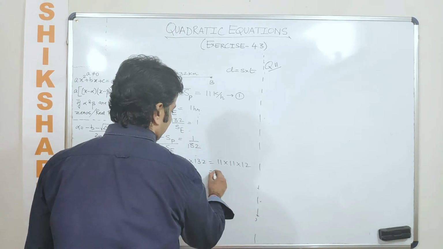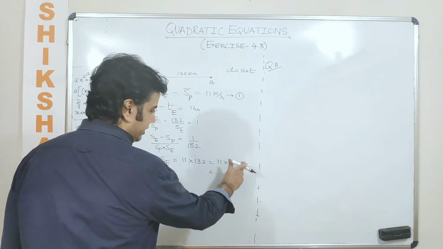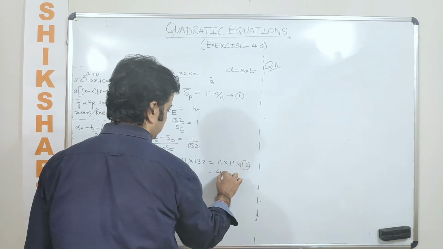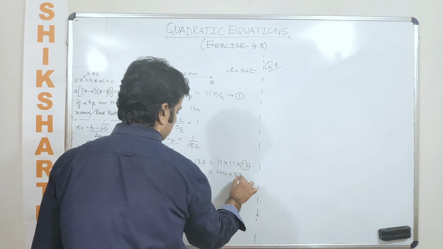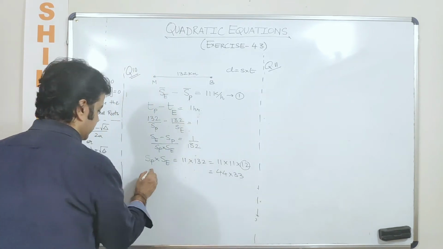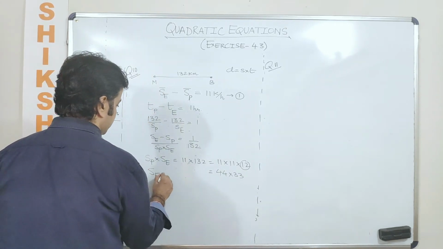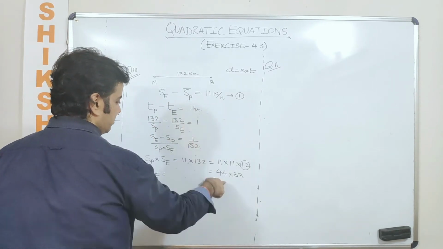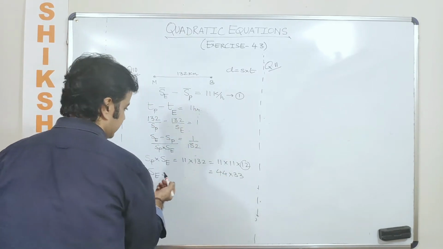Now, if I just articulate slightly here, I can say this is 4 into 3. So now we know which train, in any case, has the greater speed, and the difference between their speeds is 11 km per hour. You get the answer from here itself.